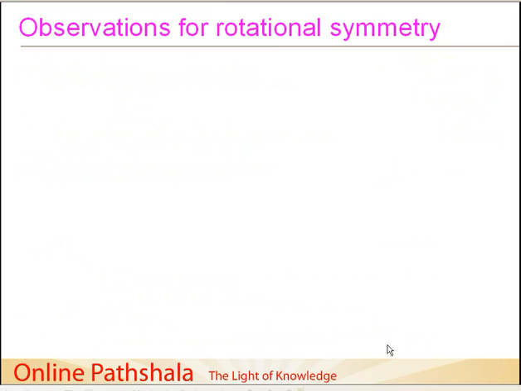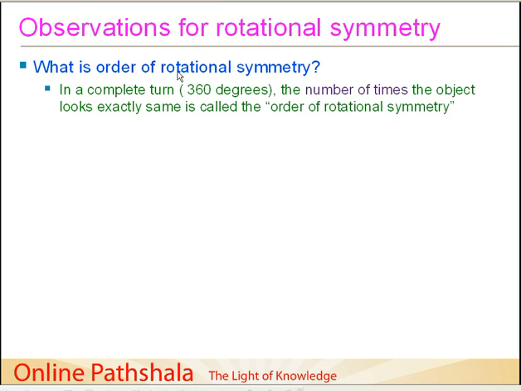Now, I would like to give you a few quick observations for rotational symmetry. Before that, let us formally define the order of rotational symmetry. In a complete turn, that is 360 degrees, the number of times the object looks exactly the same is called the order of rotational symmetry.